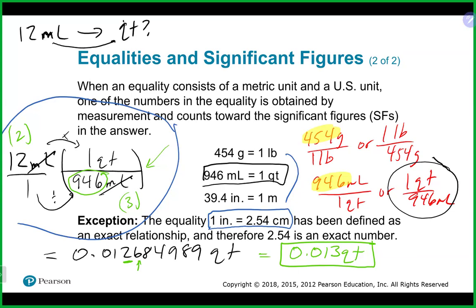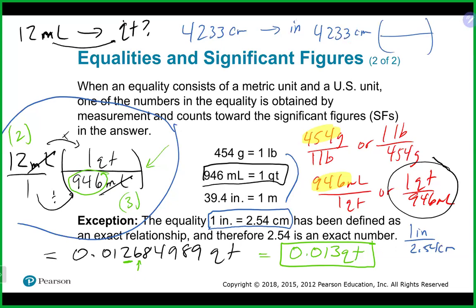Yeah, so if you had, let's just say, for example, I'll make up some numbers, 4,233 centimeters, and we want to know how many inches, right? So we would use this as our conversion factor. We could write our conversion factors as 1 inch over 2.54 centimeters or 2.54 centimeters over 1 inch.